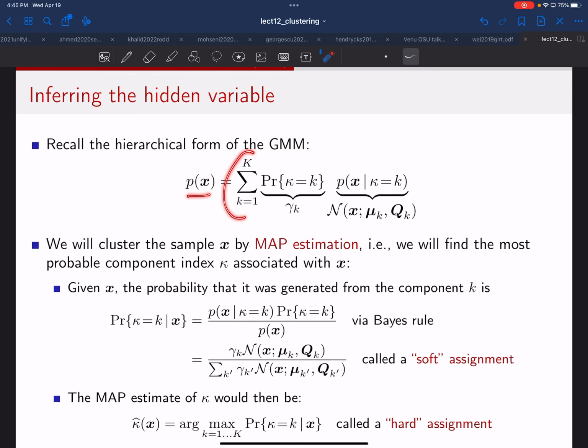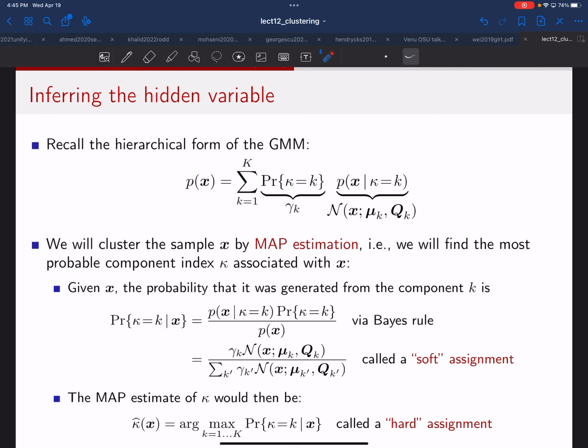Probability of X is a sum over the different cluster or component indices K: the probability that this hidden variable is K, and the probability of X given that hidden variable. So when you think about it, the hidden variable kappa is really telling us where that X is coming from.